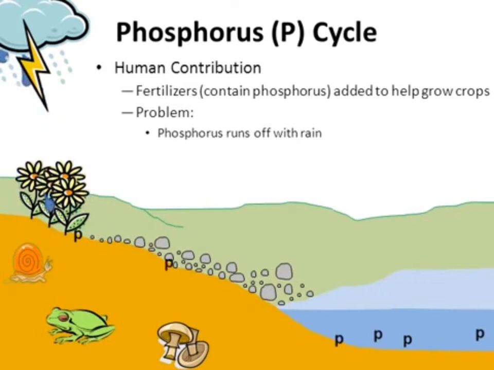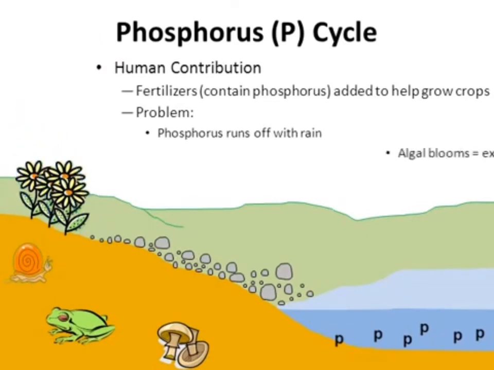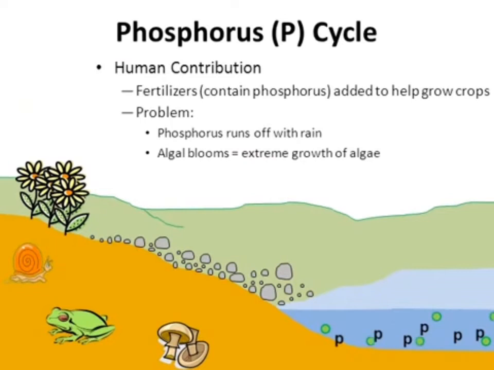So when it rains, the phosphorus is simply carried into a stream or down the river or down the slope of the land. And you can see in the animation, phosphorus accumulates in the body of water, and this is going to lead to another problem. This is often what we call algae blooms.